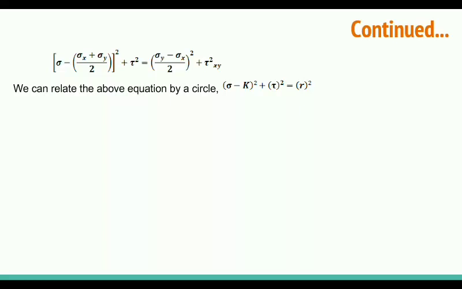If you know the center and radius of a circle, you can draw a Mohr circle. That location of normal stress and shear stress we call a Mohr circle. So this equation also gives some idea about the Mohr circle.